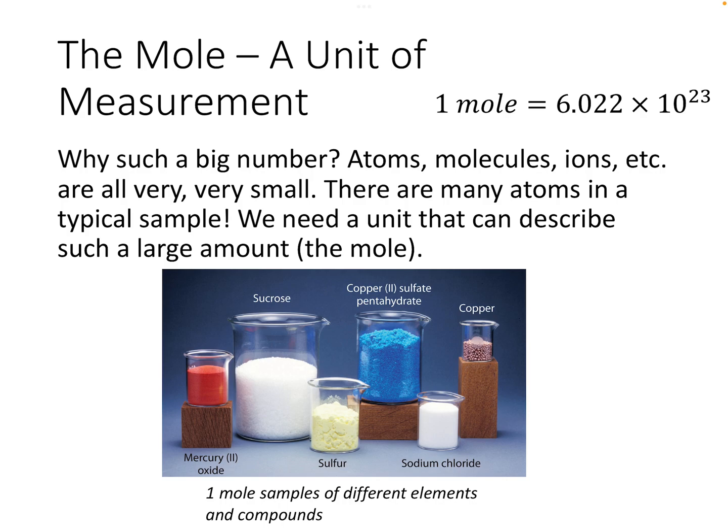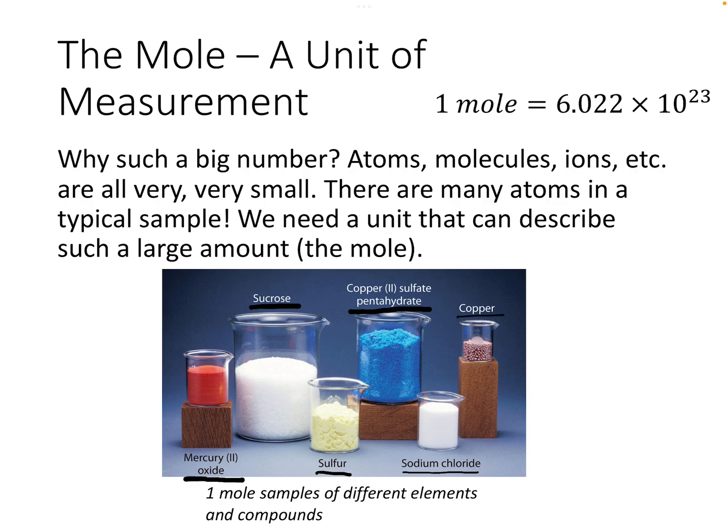So in a typical sample, we do have many, many atoms or a lot of molecules, so we do need this big number. Now down below I have a figure showing 1 mole amounts of different substances. For example, we have 1 mole of mercury(II) oxide. We have 1 mole of sucrose, sulfur, copper(II) sulfate pentahydrate, sodium chloride, and copper.